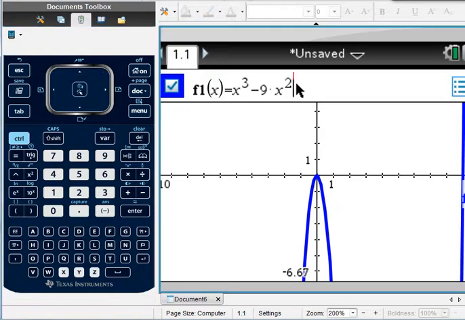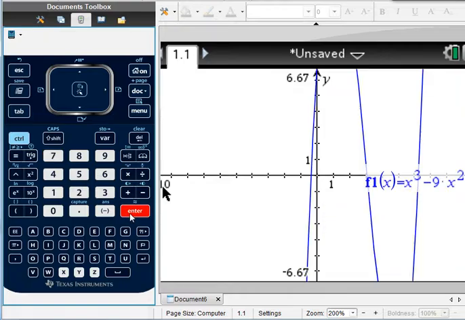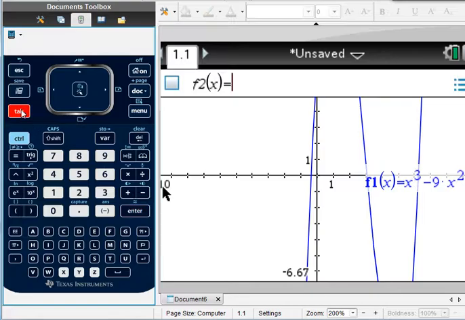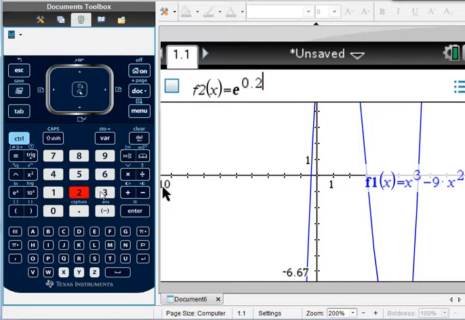There we go. Gotta finish that one up. There we go. And then the second one is e to the 0.23x.